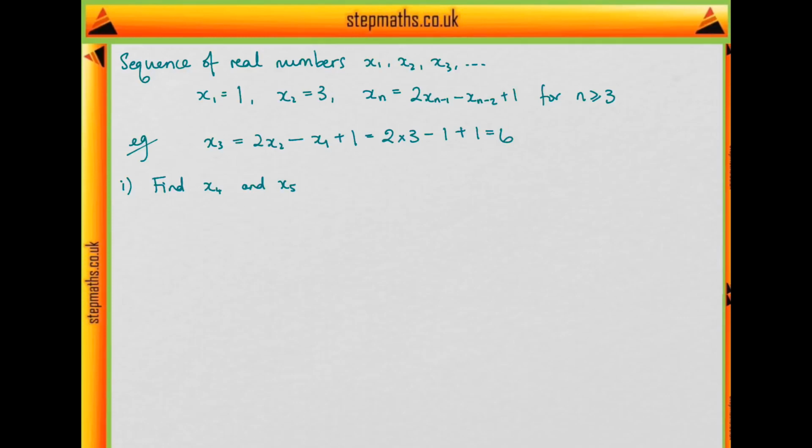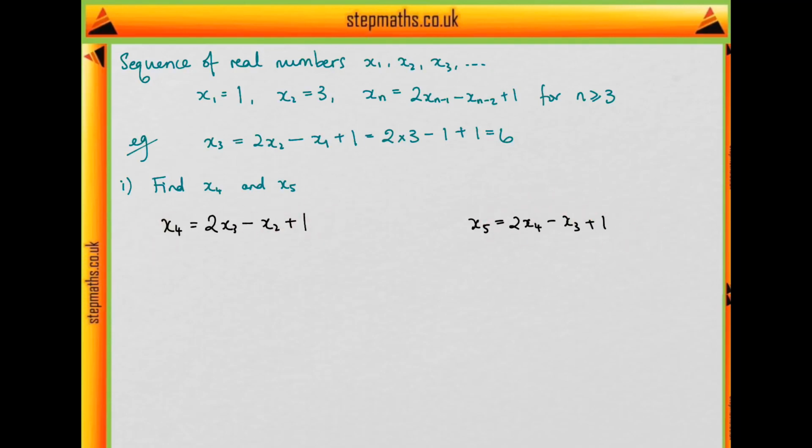In part 1, they want us to find x4 and x5. So we just need to use the formula that they give us in their definition, which tells us that x4 is equal to 2 times x3 minus x2 plus 1, and x5 is equal to 2 times x4 minus x3 plus 1. So now we just need to substitute the values of x2 and x3 into these equations to find x4 and x5.